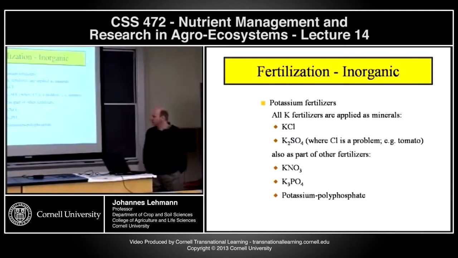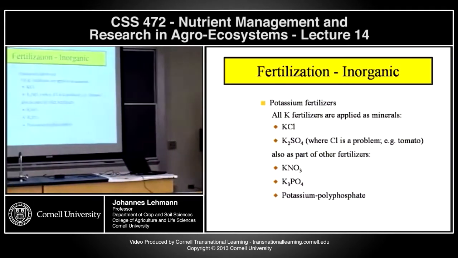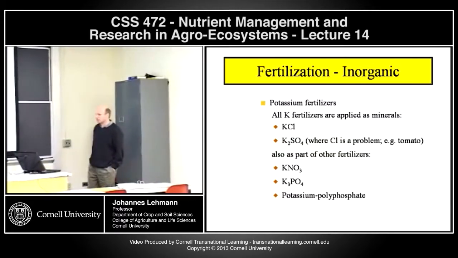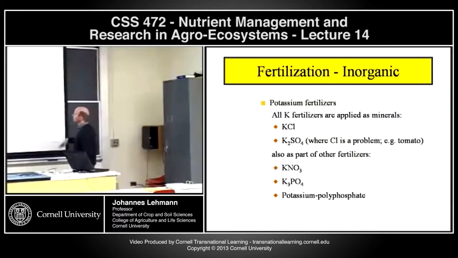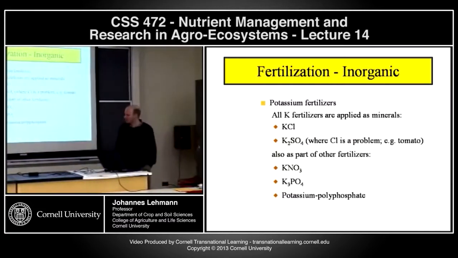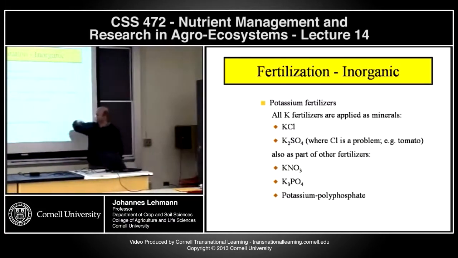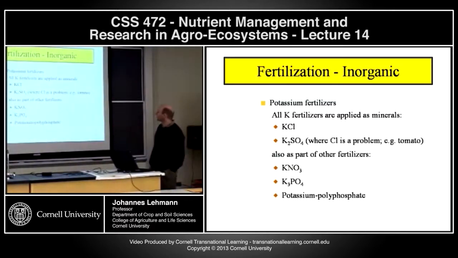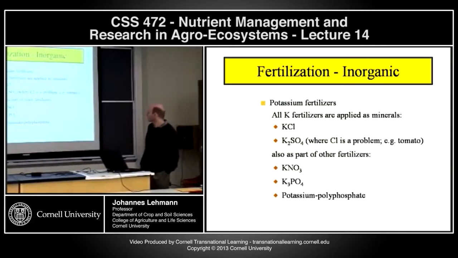Potassium fertilizers are also mined and are applied as minerals, as KCl, or as potassium sulfate. If, for instance, because there's a lot of chloride in these potassium chloride fertilizers, you would choose calcium sulfate where chloride is actually a problem.